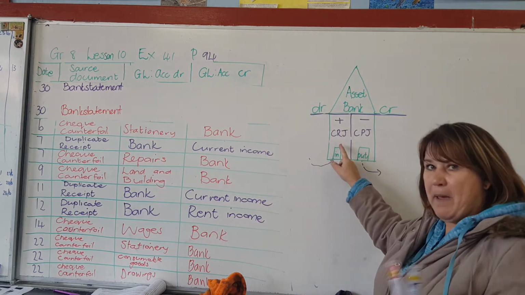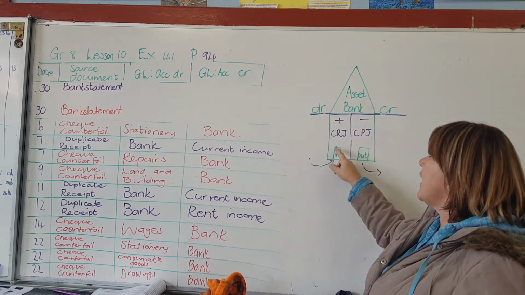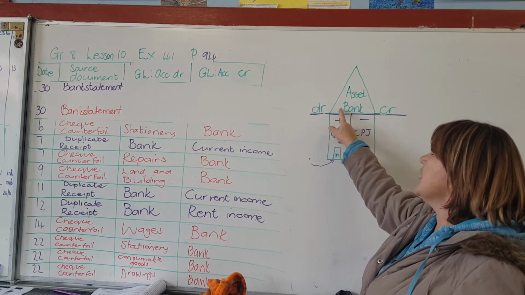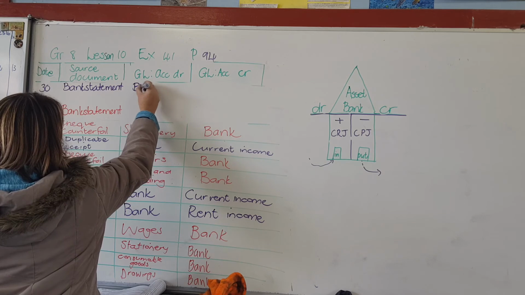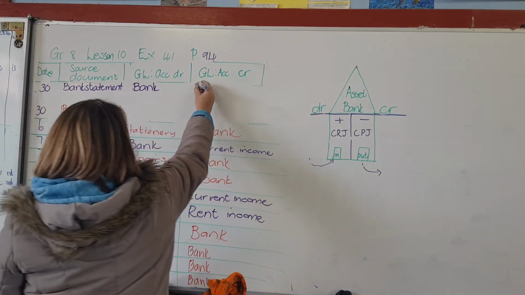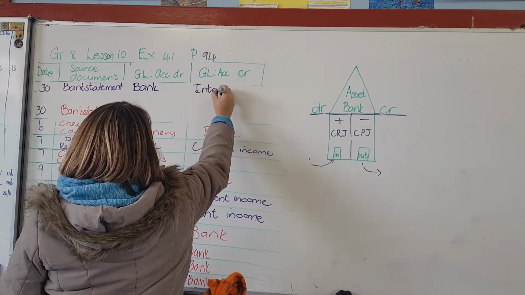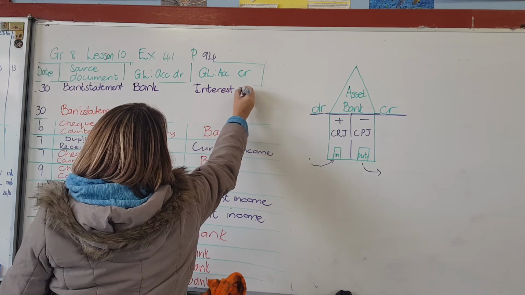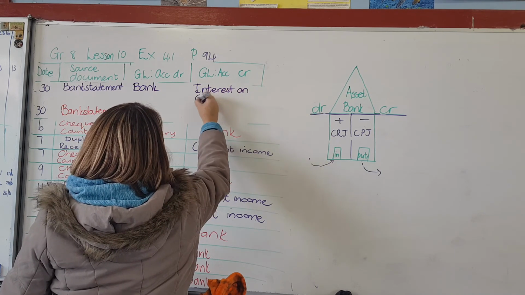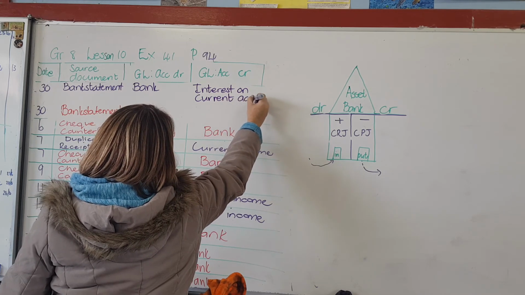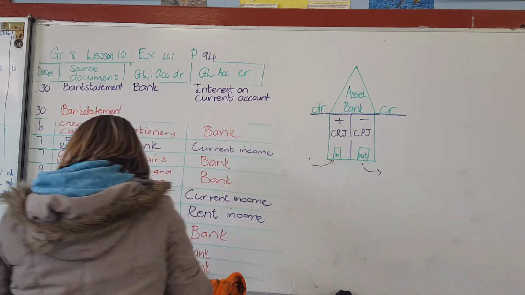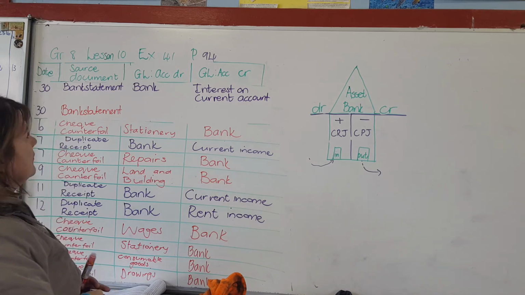So the bank paid money into our bank account, so our bank account increased, so it's going to be debited with interest. Interest on current account, all right?